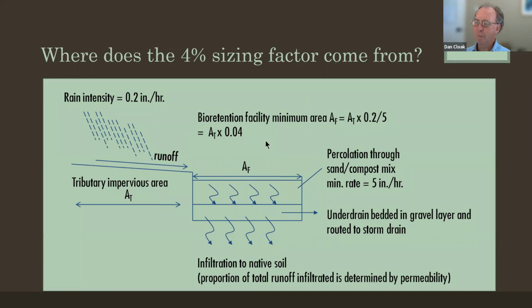Essentially, it's accomplishing the same thing. You could tweak it a little bit, and there are efforts to tweak it to make these a little smaller in some areas. The applicability of those is something that could be looked at, going back to the experience of actually implementing the 4% sizing factor.